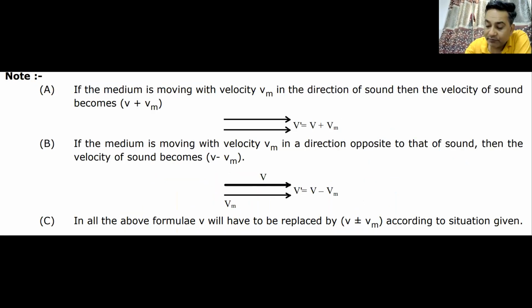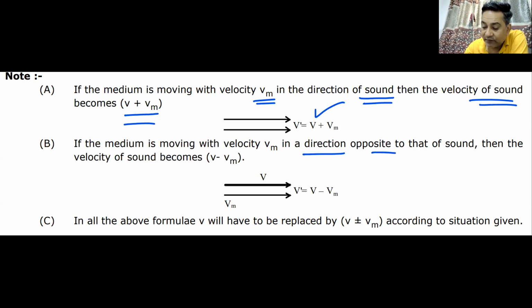When the medium is moving with a velocity Vm in the direction of sound, then the velocity of sound will be written as V plus Vm. If it is moving in the opposite direction, it will be written as V minus Vm. So in all these formulae, V will be replaced by V plus or minus Vm, depending on whether the velocity of the medium is in the same direction as the velocity of not source, not observer, but the velocity of sound.